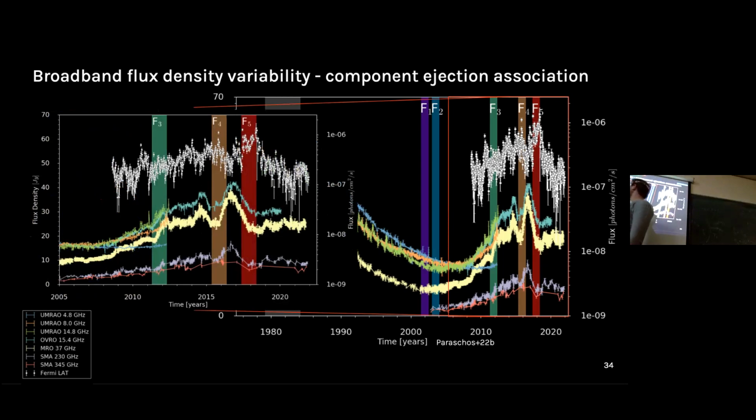Now, if we look at the gamma rays, it seems to be the opposite. F3 and F4 seem to be on the decay of flares, and F5 seems to be on the onset. So it seems like for this source, we cannot give a conclusive answer on the relation between the component ejection and the flares, the features in the variability light curves.